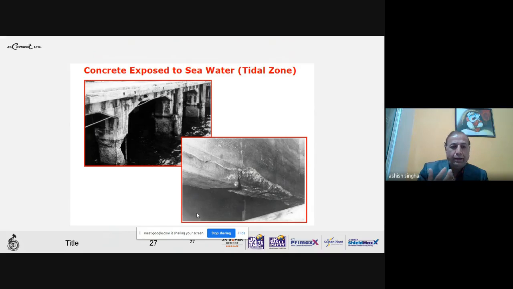Poor cover and poor compaction might also have contributed, but the major culprit was the wrong selection of the cement, and the cement within the concrete could not fight sulfates and chlorides. The chloride and sulfate ingression took place over the years. It corroded the steel, and as you know, when the steel starts corroding, its volume increases. As the volume increases within the concrete, it becomes hollow from the core, and its structural strength is challenged.